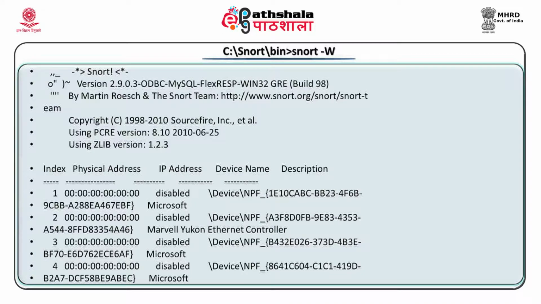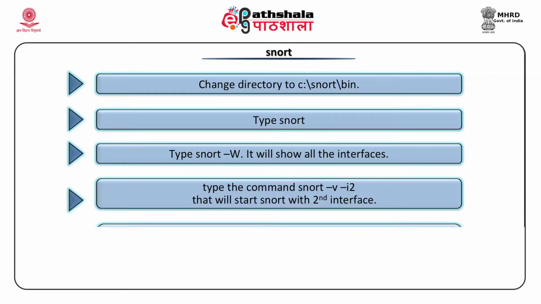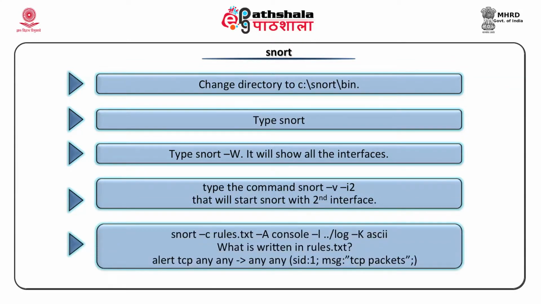If I try snort -W on my machine, I can get the index, physical address, IP address, device name and description. Since no IP address is defined, it shows all the disabled IP addresses, physical addresses and the device names.